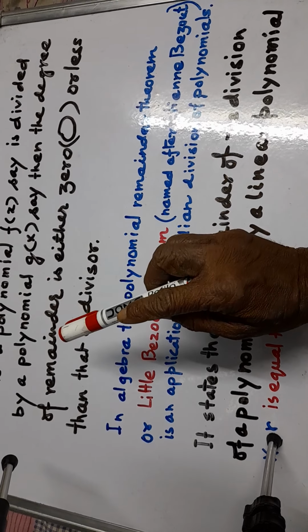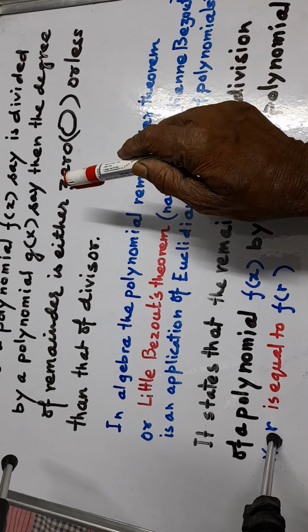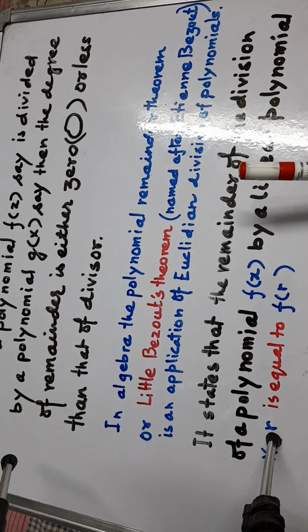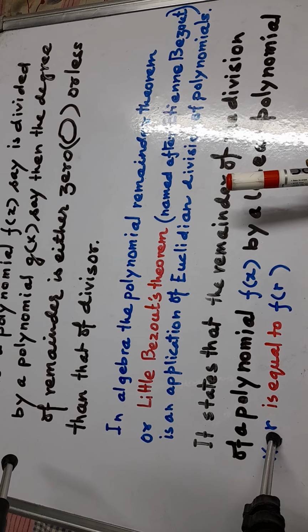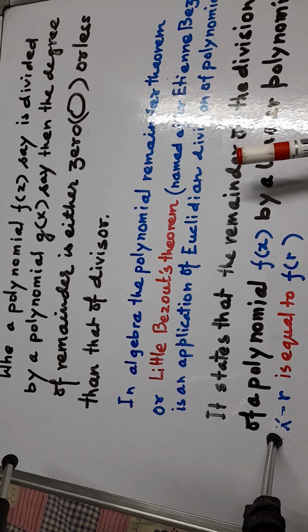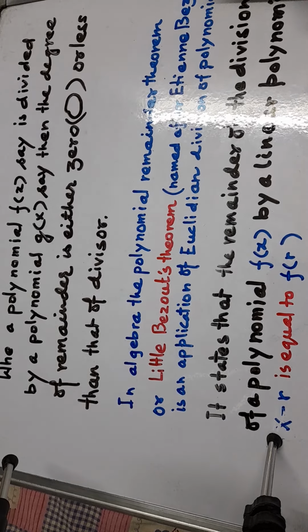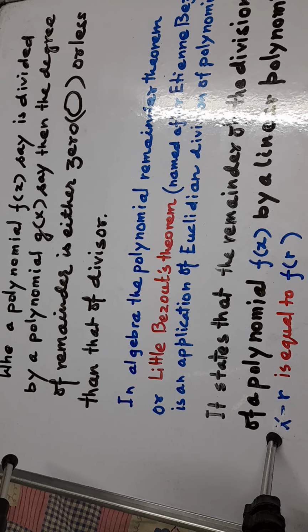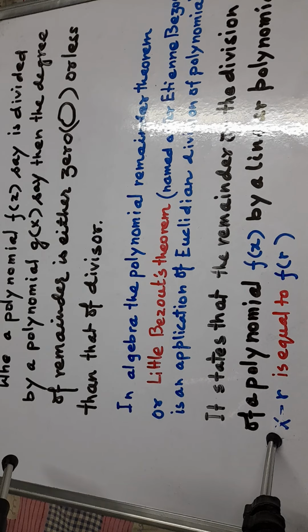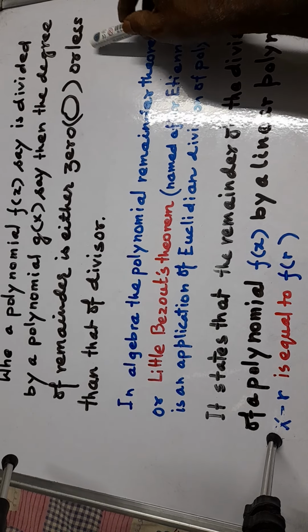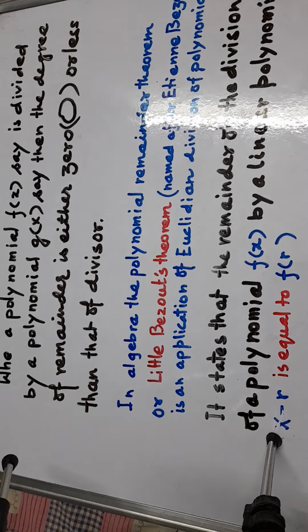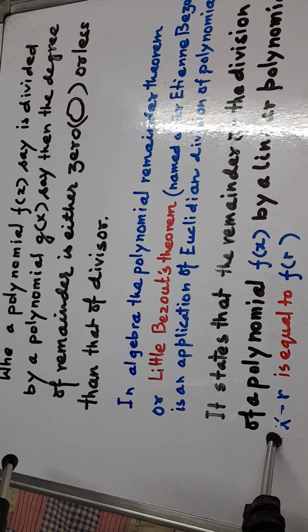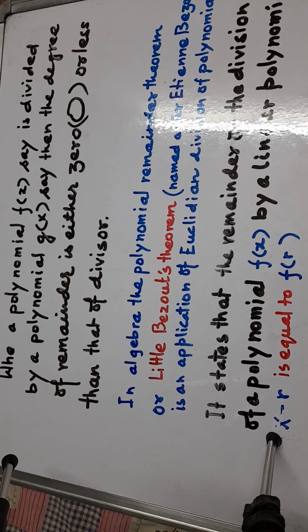It states something about the degree of the remainder. And what does it state? It states that the degree of the remainder will be either 0 or less than the degree of f(x). It should be clear.